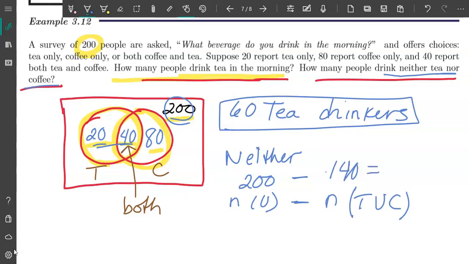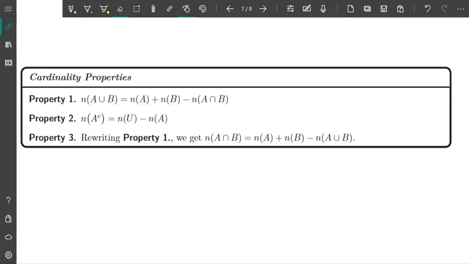So all together we have 60 drink neither.